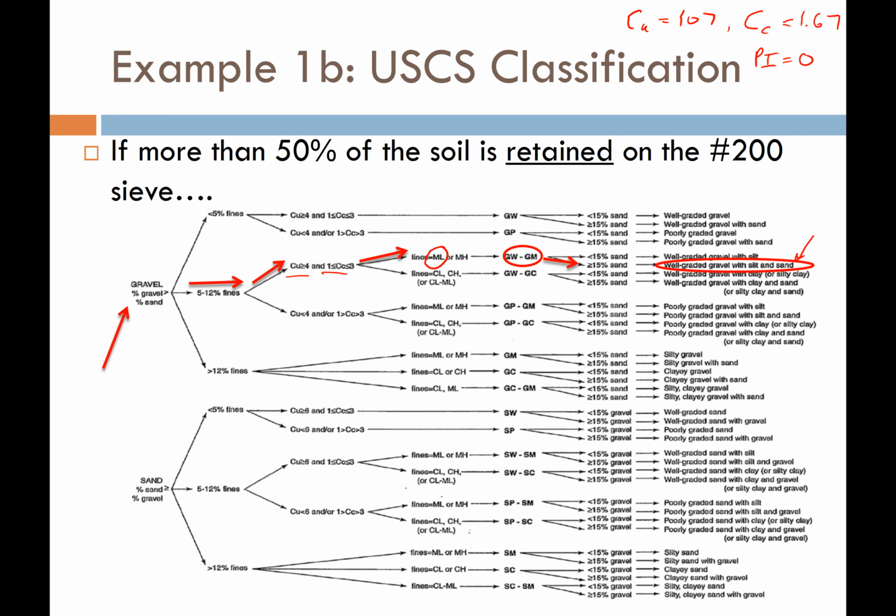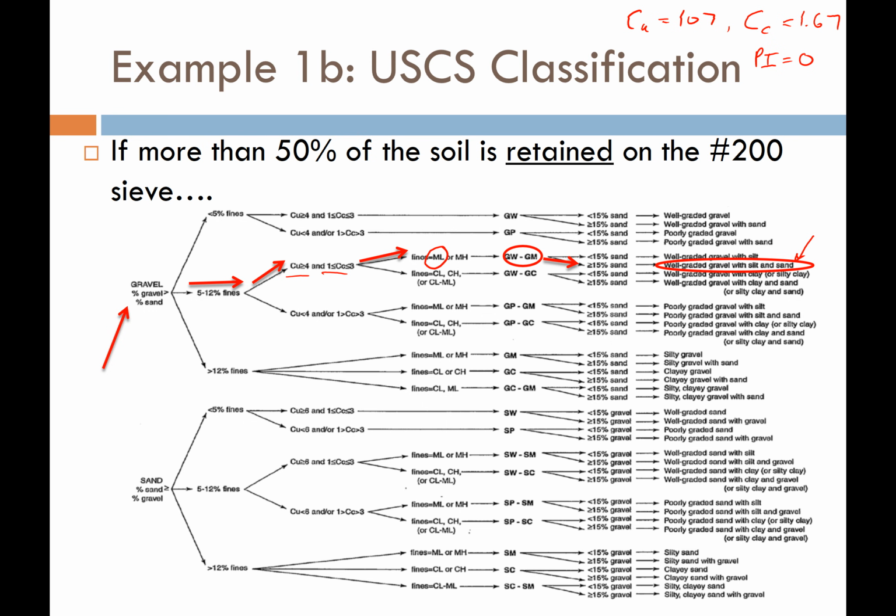Then, when it says with silt, that tells me that I have between 5 and 12% fines, and that the fines are silty in behavior instead of clayey. They're silty. And sand tells me that I've got more than 15% sand in there.